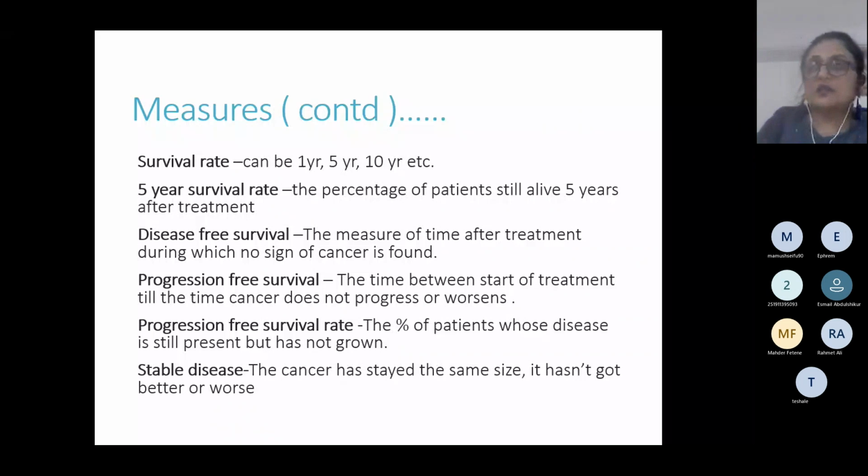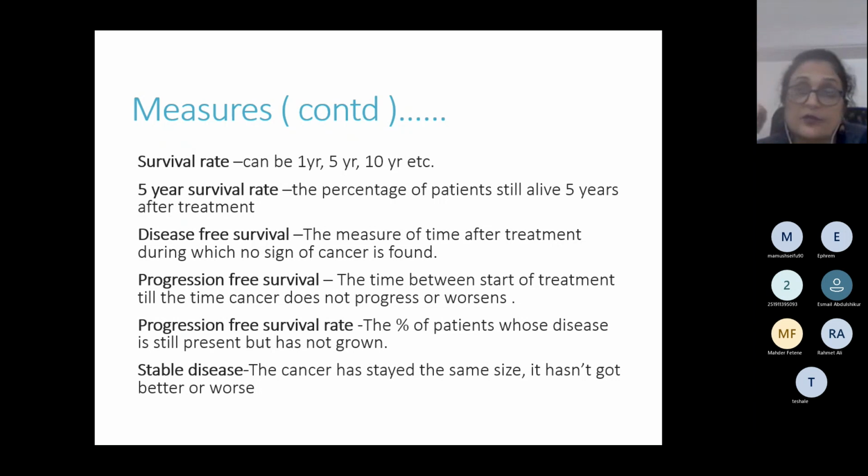Okay, so the patient starts the treatment today, and if the patient is alive after 5 years, then we will say that is the 5 year survival. But if the patient starts treatment today and lives for 2 years, that means his survival was 2 years.